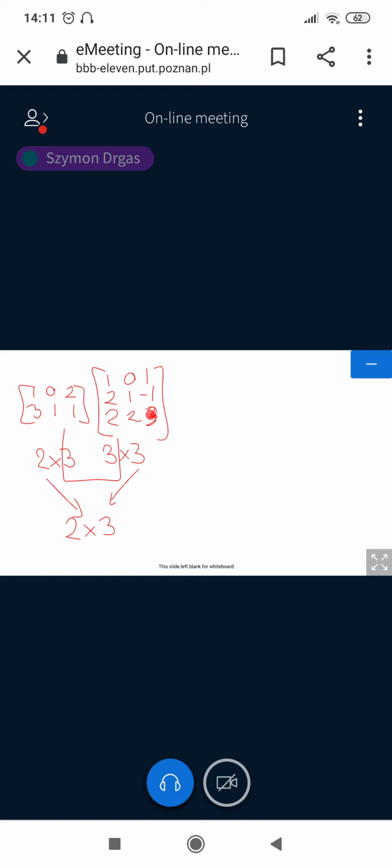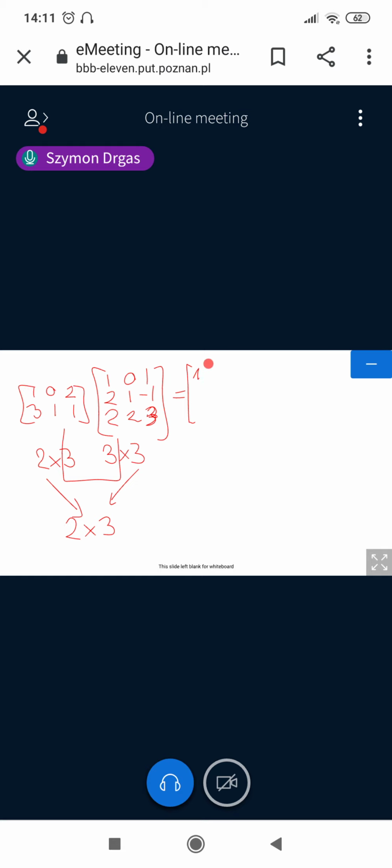In the resulting matrix we will have 2 rows, and the first row will be a linear combination of these 3 rows with these 3 coefficients.